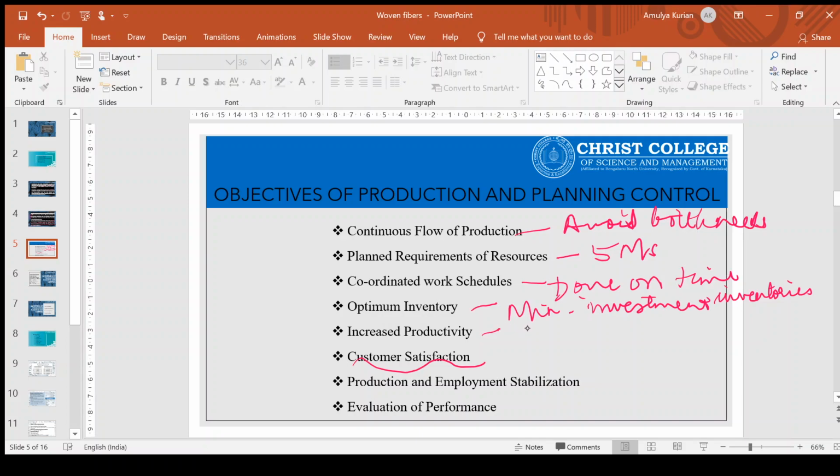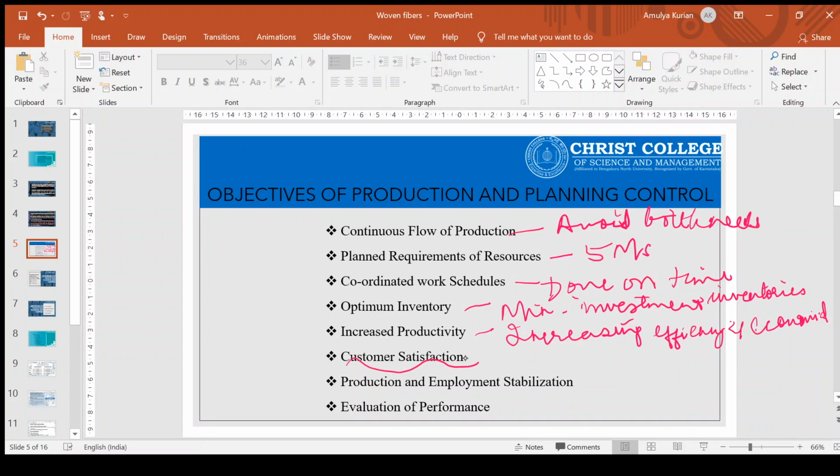Increase productivity. Increase in productivity by increasing efficiency and being economical. Customer satisfaction, according to customer specification, things are being done.